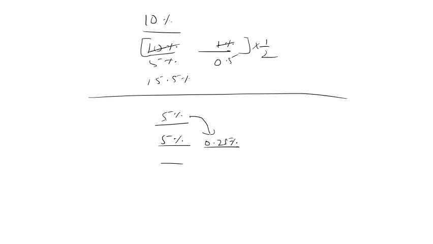For the next half year, again 5%, and this 5% of 5%, 0.25%, again 5% of this 0.25%, and this part will be 5%, means 0.05 into 25%, that is 0.0125%.